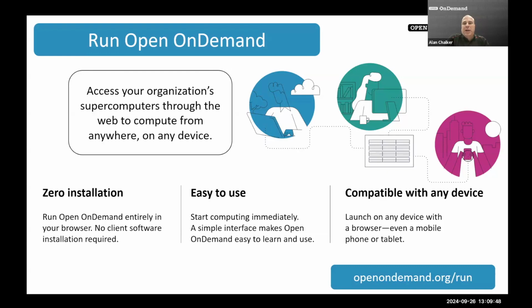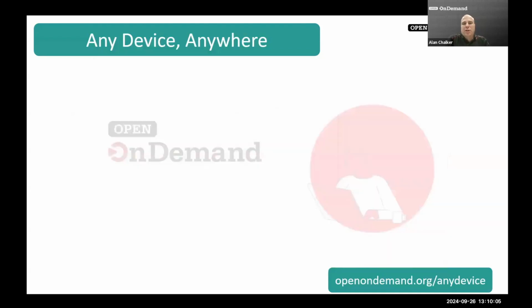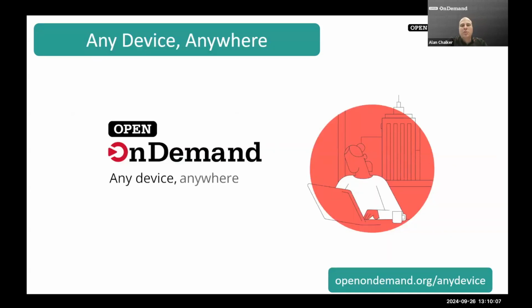That's really what OnDemand is about. It's a web portal interface. You don't have to install any particular clients. It's relatively easy to use. It's compatible with any device. And to illustrate that, we have a catchy little video I want to show you, showing using OnDemand on a variety of devices.